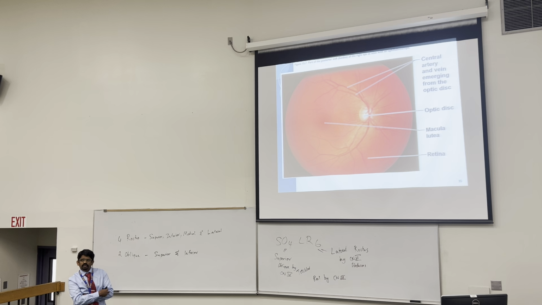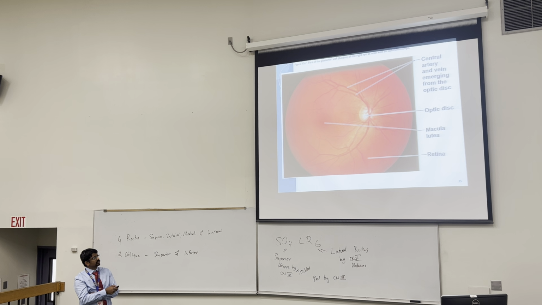Here's a fundoscope image. It's an image if they dilated the eye and took a picture. This is what they would see, or similar to this. That white area is where the optic nerve leaves. That's the optic disc. There are no photoreceptors there. And here you can see a darkened area that's got a high concentration of cones.